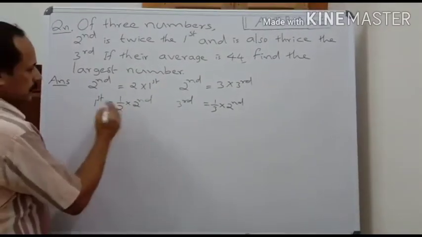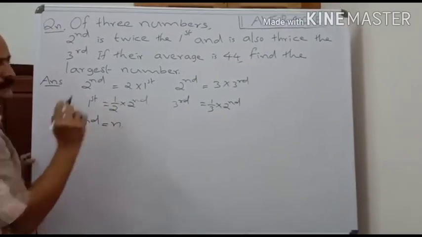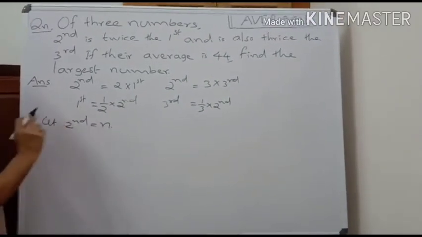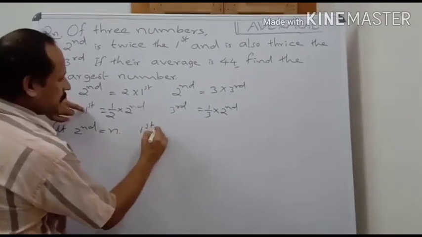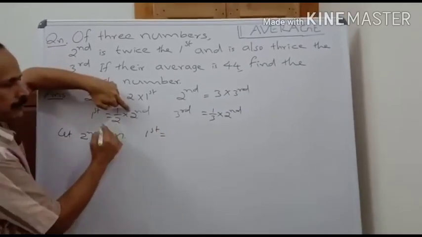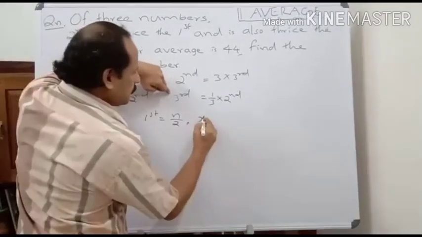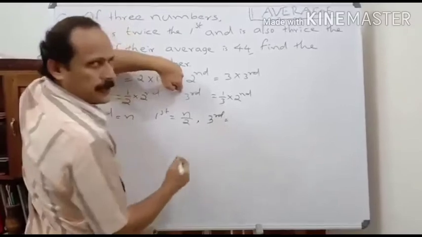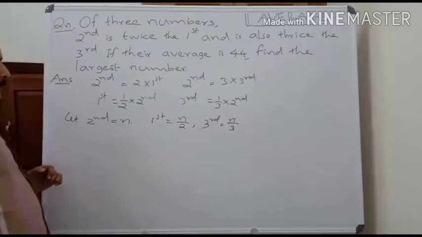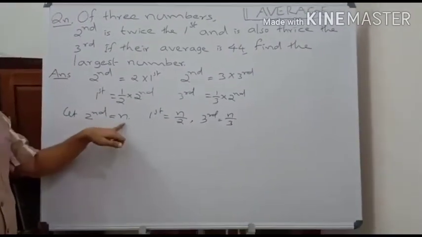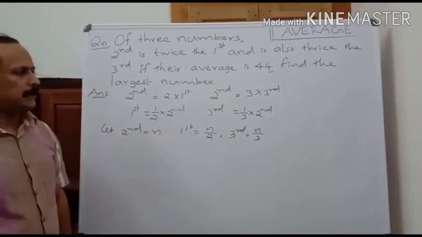And you assume that the second number is n. Let the second number be n. Then we can write first number equals second by 2, that is n by 2. And third number equals second by 3, that is n by 3. Thus taking the second number as n, we get first equal to n by 2 and third equal to n by 3.